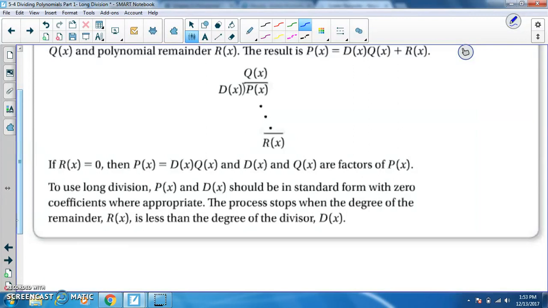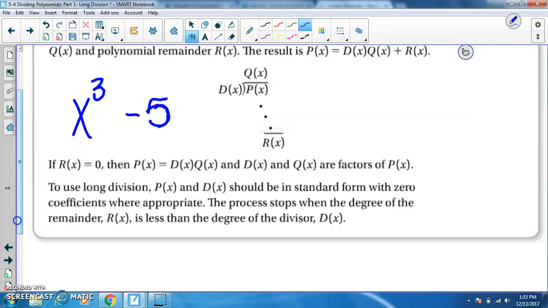When we're using long division, we need both our original polynomial and what we are dividing by to be in standard form, and any missing terms filled in. So say we had x cubed minus 5. We're missing the degrees of 2 and 1.